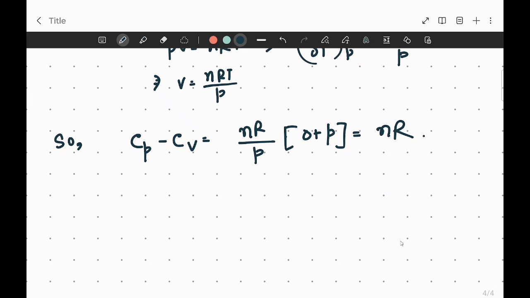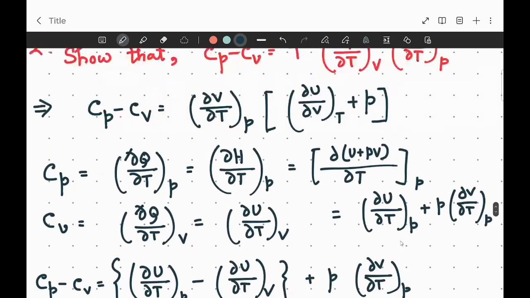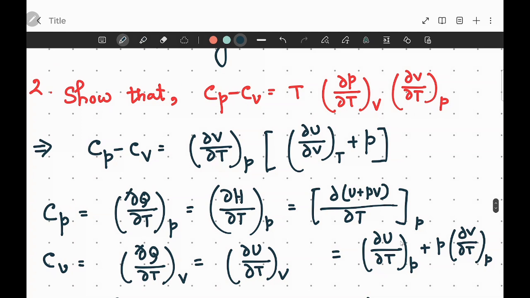Okay, so now what do we have to prove? We have to prove this formula. How can you do it? We have this, and from here we have to derive this. PV equals nRT?